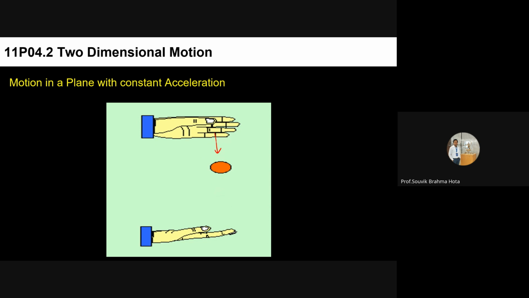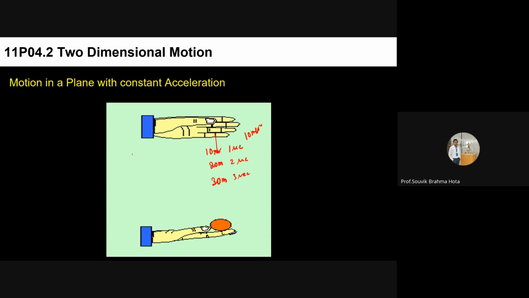Whenever a ball is dropped with constant acceleration, in every second, 1 second, 2 seconds, its velocity increases in terms of acceleration, because it is under gravity. So we can consider 10 meter per second square. So in 1 second it has reached 10 meter per second, 2 seconds it is 20, 3 seconds it is 30, 4 seconds it is 40, like that.